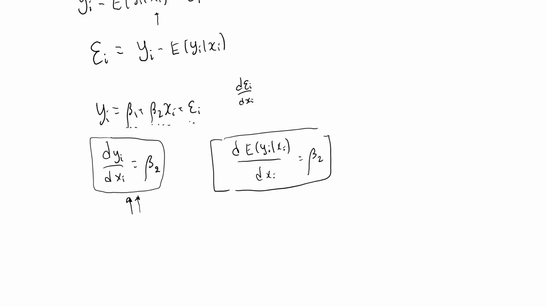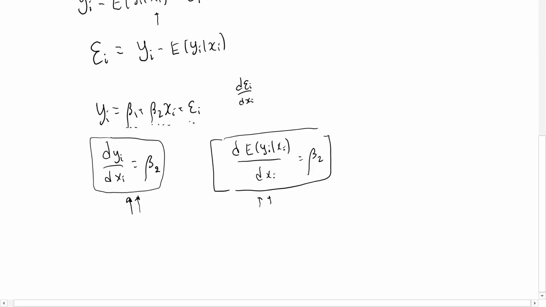It's only correct if you assume that the error term for that particular individual is the same. Even though it's a little bit more difficult to interpret, it's much more correct to think of this parameter beta 2 as the derivative of the conditional expectation.